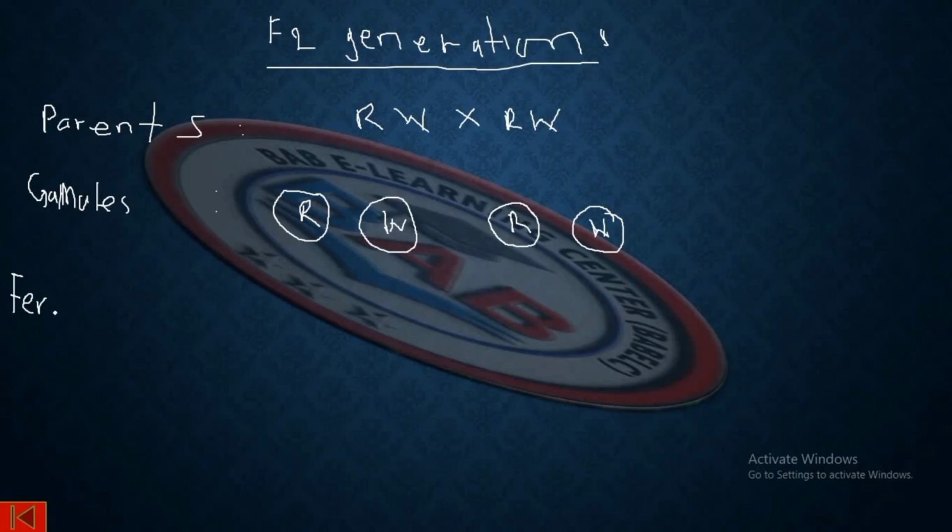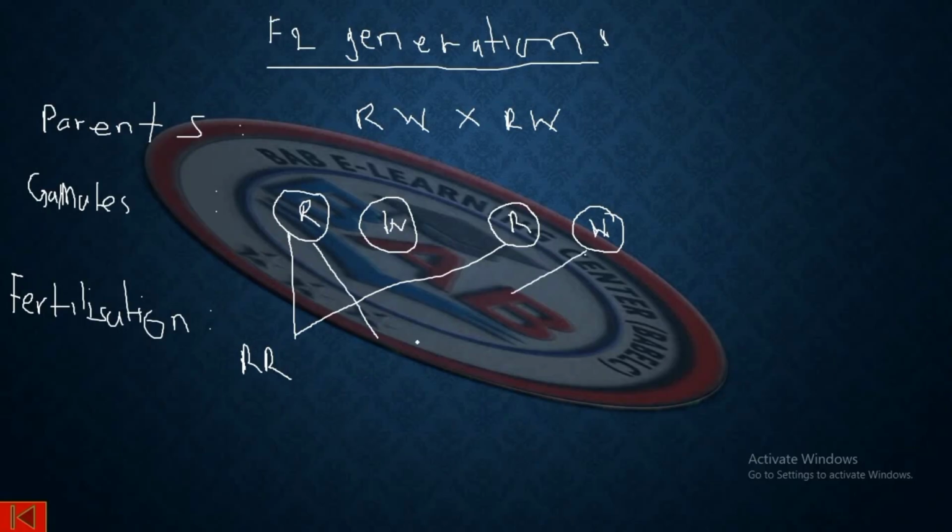Fertilization occurs. This gamete fertilizes this one, resulting in a homozygous offspring with red alleles.